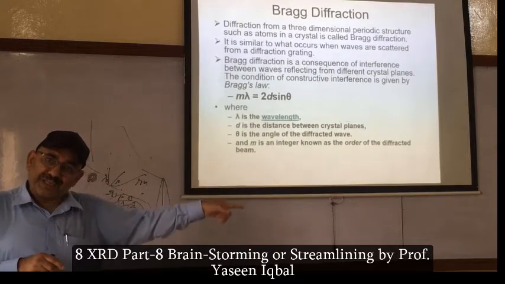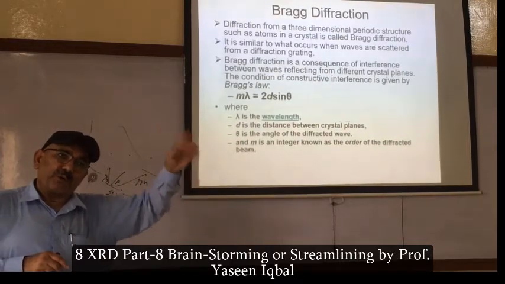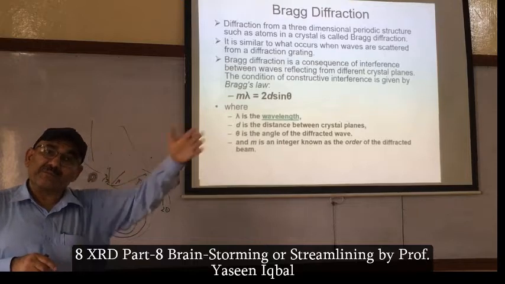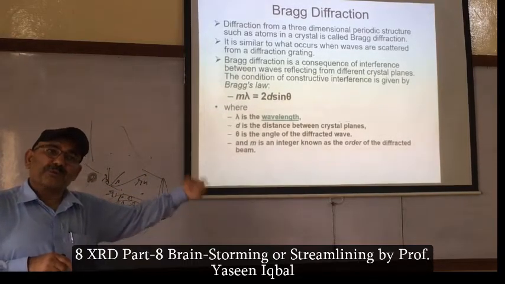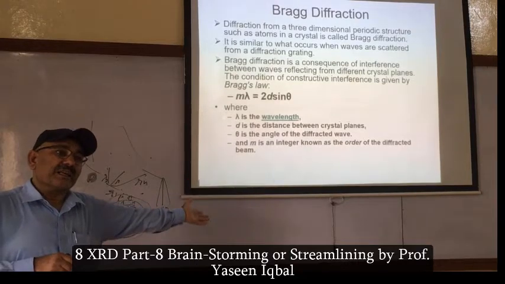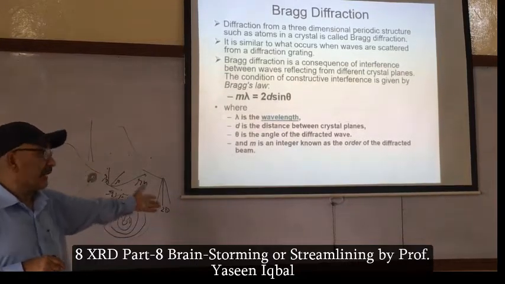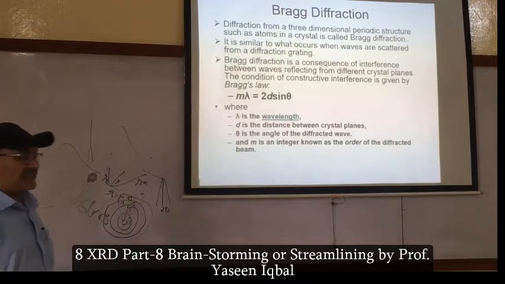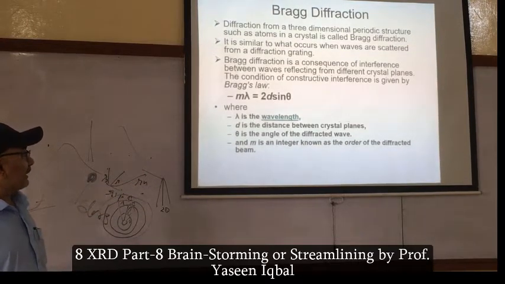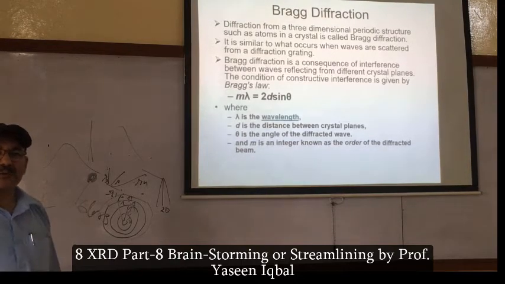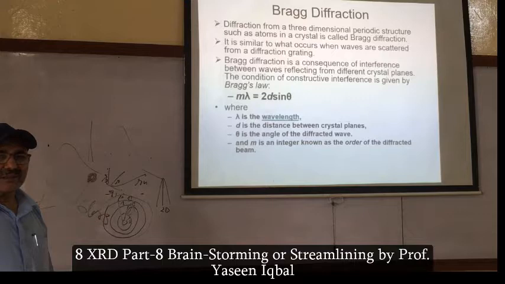and its value is 1.54 something angstrom for copper, if you have used a copper source. If you have used another source, then its wavelength will be different. d is the interplanar spacing, theta is the angle of the diffracted wave. But we are saying 2 theta, right?